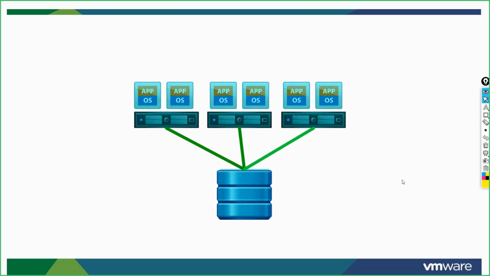Now, what exactly happens here is, when you are looking for virtualization, the very first thing you are going to do, as soon as the hardware is available with you, as you can see over here, this is nothing but the hardware, is install the hypervisor on this hardware, which is ESXi.